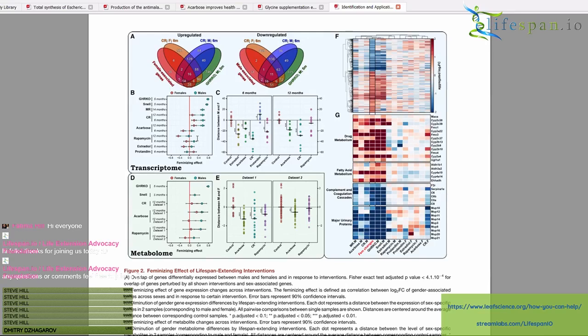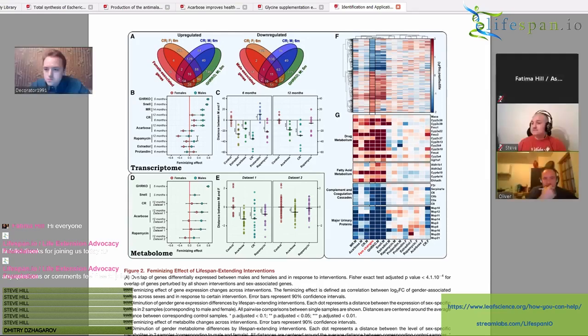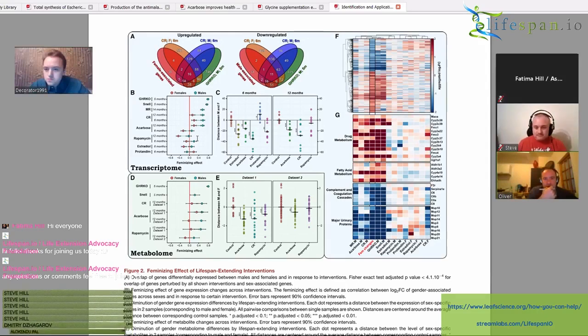Right. And looking at the data in figure B, I don't want to say regression to the mean, but females get more masculinized and males get more feminized. But that's only for certain interventions, right? Some of them clearly show feminization happening even with female mice.